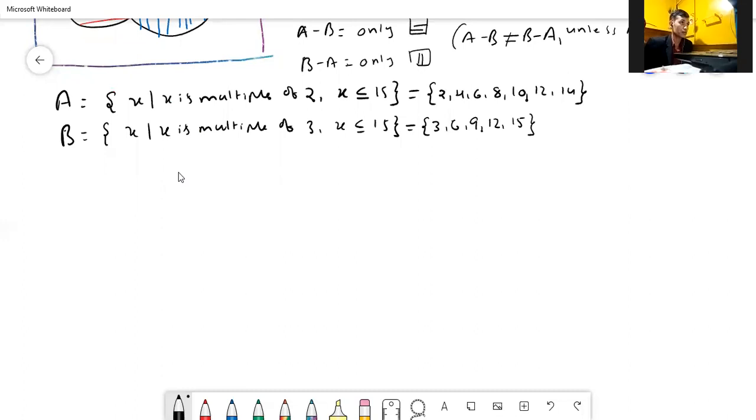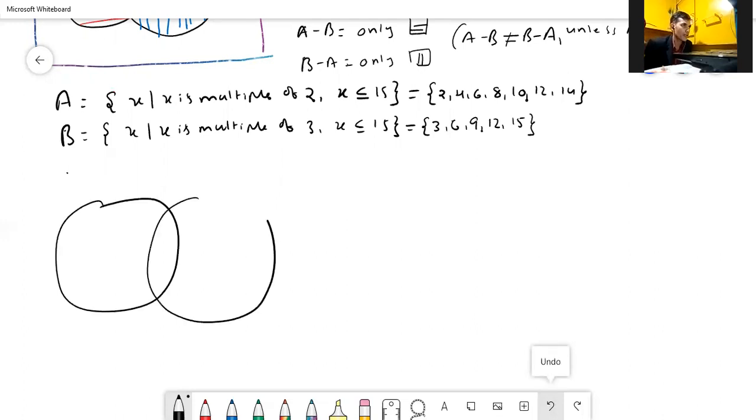Okay. First, universal set not required. Set A, set B. We'll use colors. Multiples of 2. Okay, here see, check the common elements first, that is better.